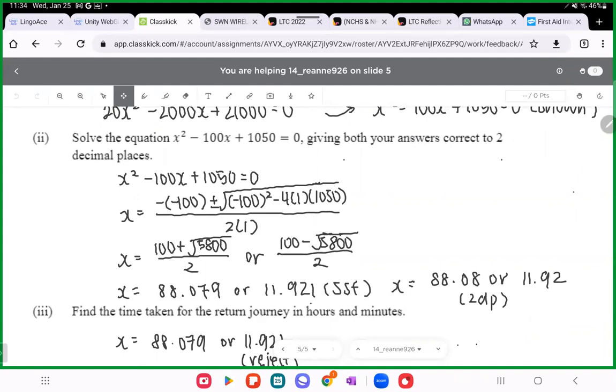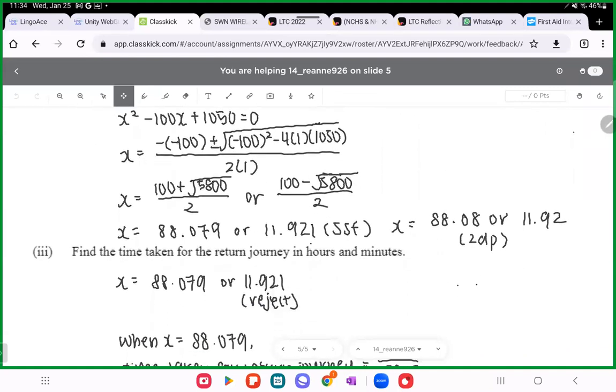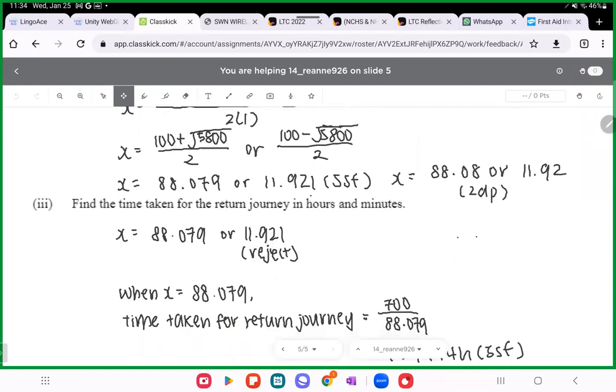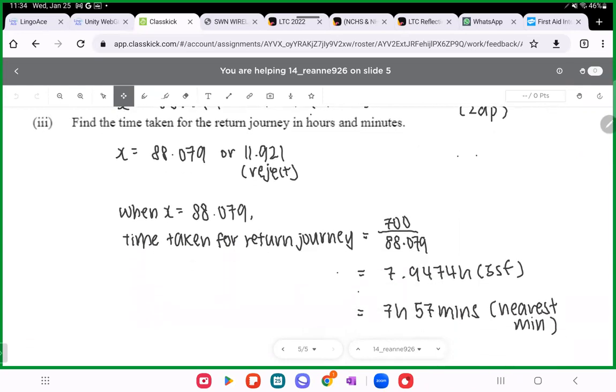Okay, then the last part. The last part is when you reject the negative answer, reject the smaller answer.